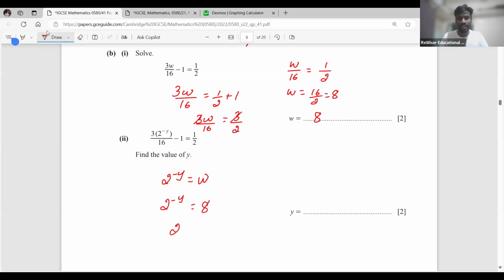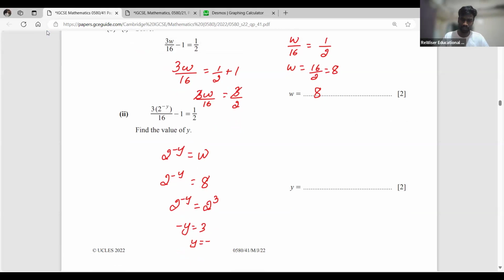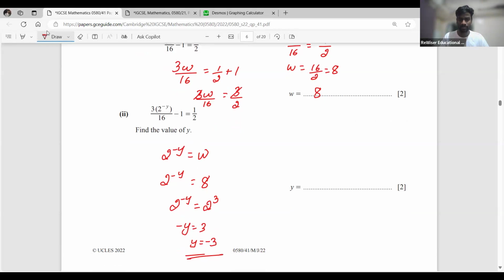And 8 can be written as 2 power 3. So I can equate the powers here. So negative y is equal to 3. So y is going to be negative 3. And this is the right answer for this sum.